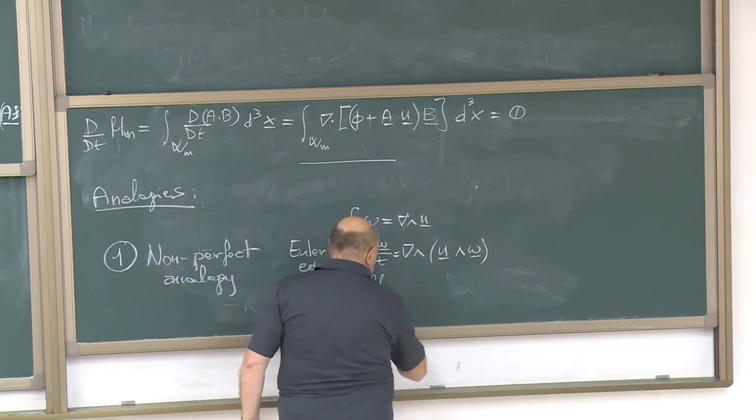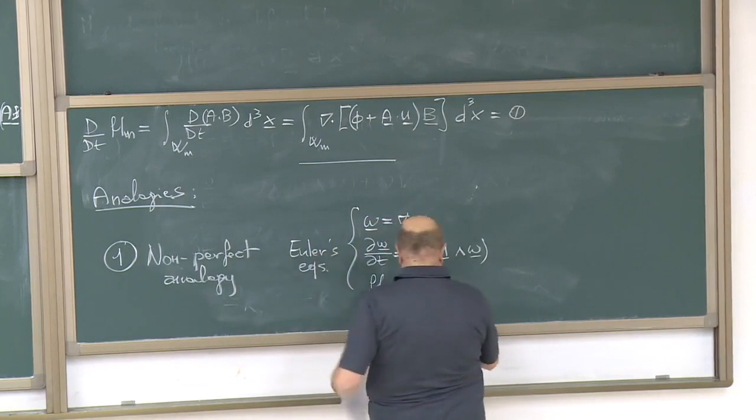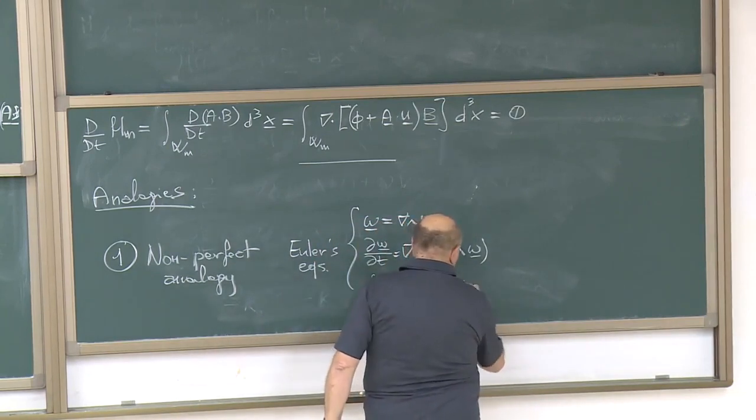Kinetic helicity is just the integral over this volume W of U dot omega.